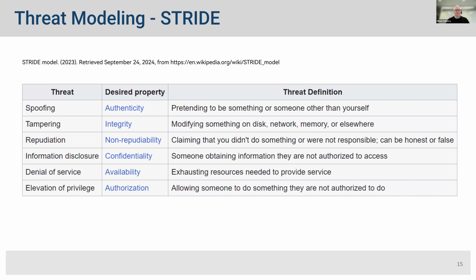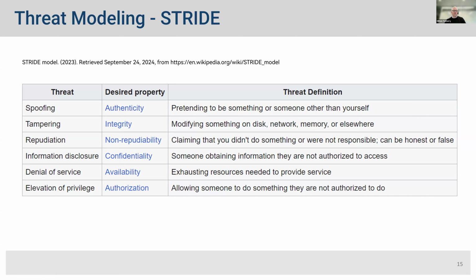Repudiation, and this is a term meaning basically the ability to pretend you didn't do something that you did, so claiming that you didn't do something or were not responsible. So the desired property there is just the opposite of that, to try to ensure that every action is traceable. And then information disclosure, which is basically someone obtaining information that they're not authorized to access.